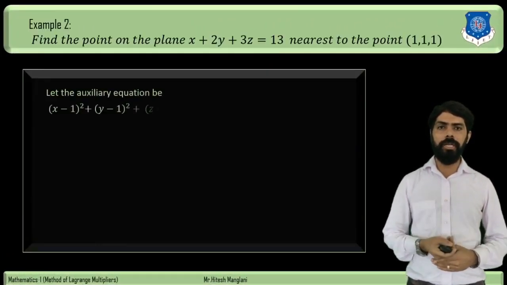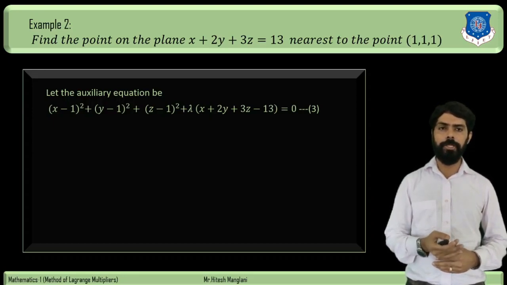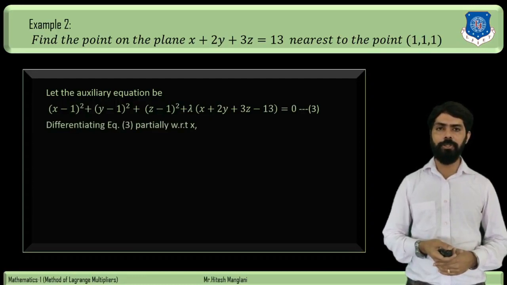Now let the auxiliary equation be (x minus 1) whole squared plus (y minus 1) whole squared plus (z minus 1) whole squared plus lambda in bracket (x plus 2y plus 3z minus 13) is equal to 0. Suppose this is equation number 3. Now we will partially differentiate equation number 3 with respect to x.